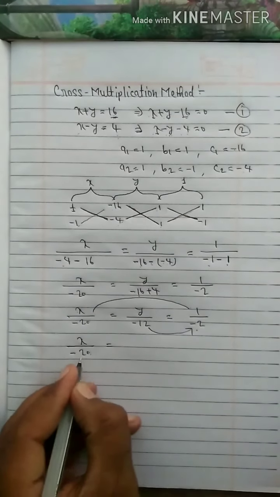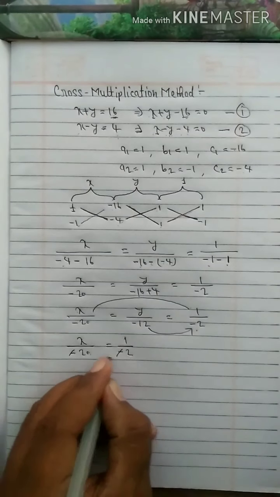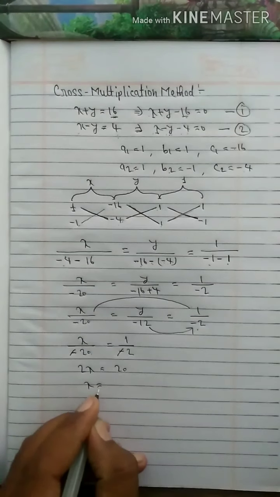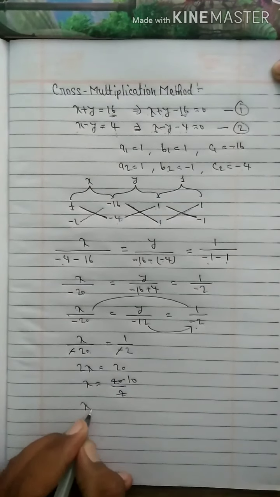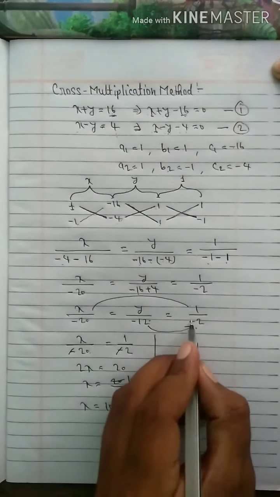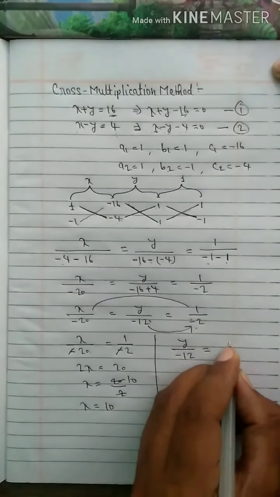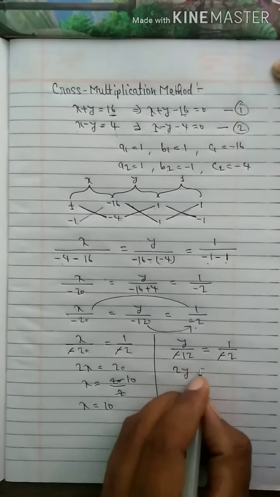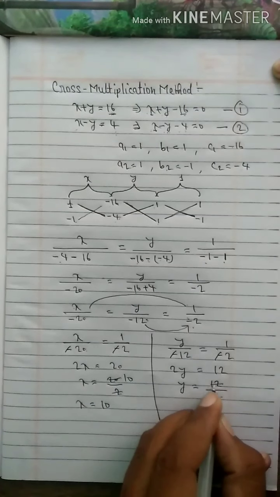तो x upon minus 20 equal to 1 upon minus 2, तो minus minus cancel out, and now by cross multiply 2x equal to 20, तो x equal to 20 by 2, this will be cancel out, so here we get x equal to 10, and now we will take this equal to this, so y upon minus 12 equal to 1 upon minus 2, तो minus minus cancel out, now by cross multiply, तो we get 2y equal to 12, तो y equal to 12 by 2 equal to 6.